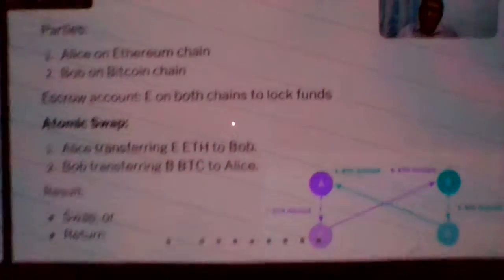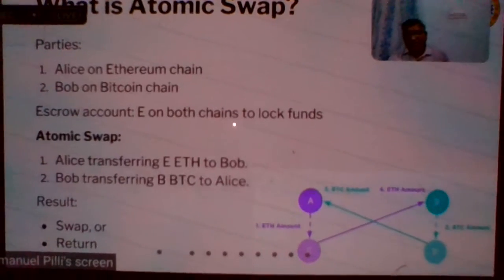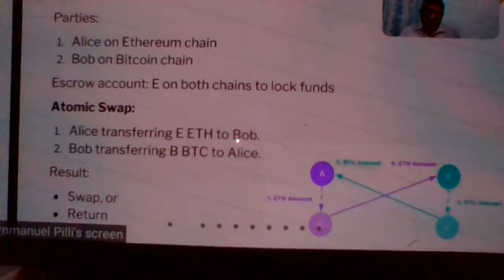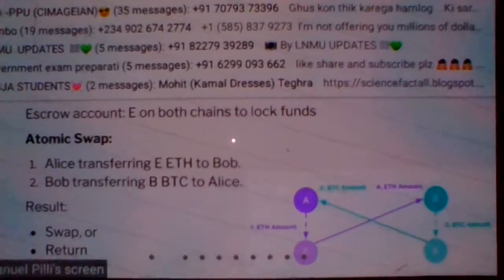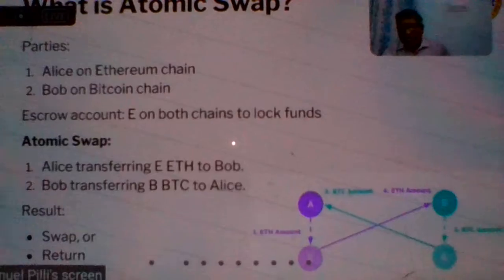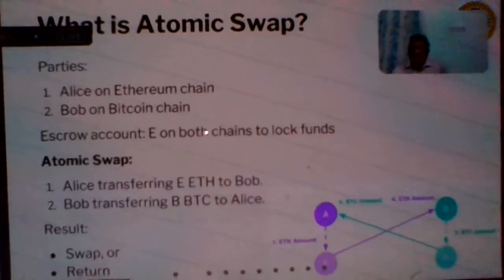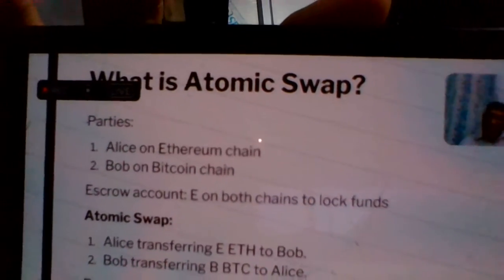Now we come to the interesting concept of atomic swap. Now in an atomic swap, what is happening is Alice has some ethers on Ethereum. Bob has some bitcoins on the Bitcoin blockchain. Now they want to swap. They want to exchange. So of course, as we understand, if they exchange, they need to have accounts on both chains, right?